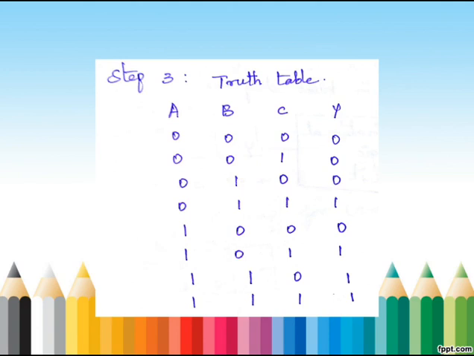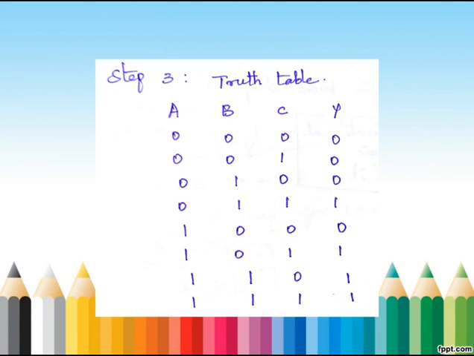To analyze this truth table for each input combination: for input 0, 0, 0, no ones occur, so the output is 0. For input 0, 0, 1, only one 1 occurs, it is not a majority input, hence the output is 0.